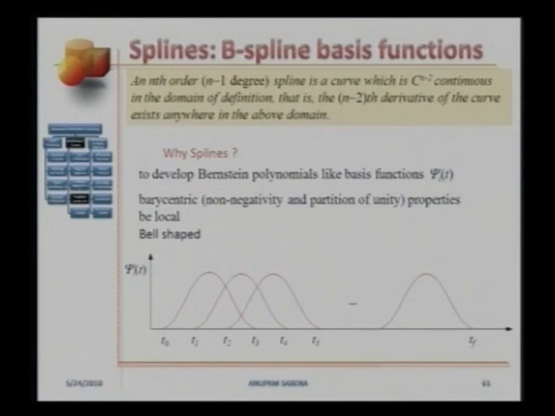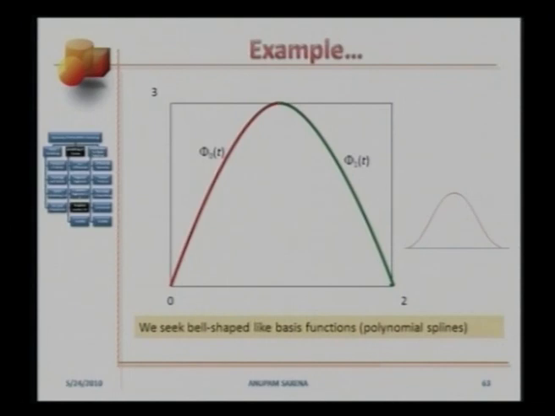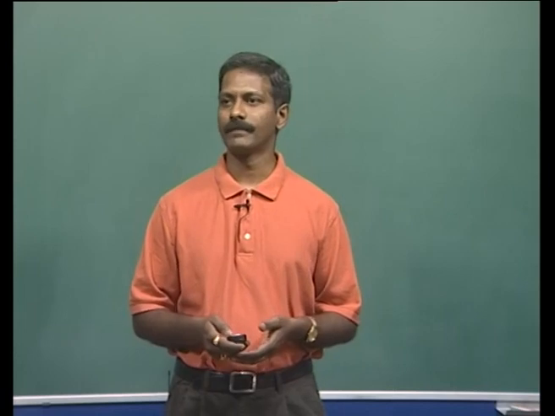It is the splines that we had actually spent quite a bit of time on when covering this course material. We studied what polynomial splines were, and using polynomial splines, we attempted to design a very simple bell-shaped basis function. We were not very much satisfied, so we started exploring a little further.